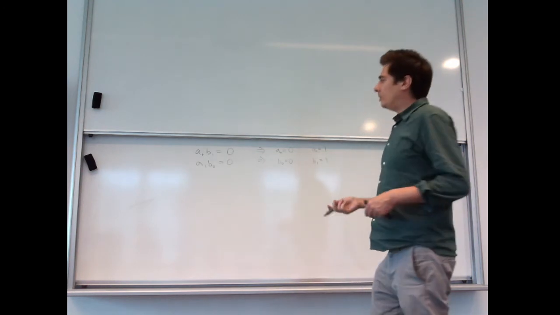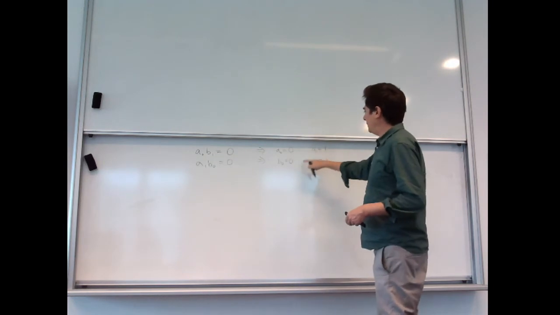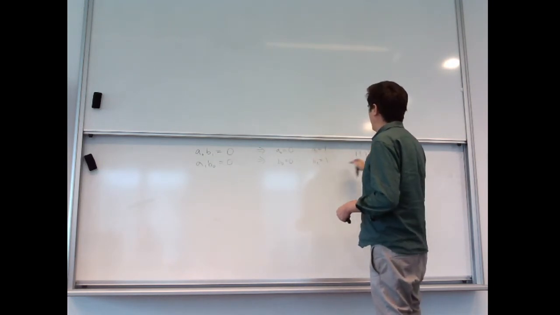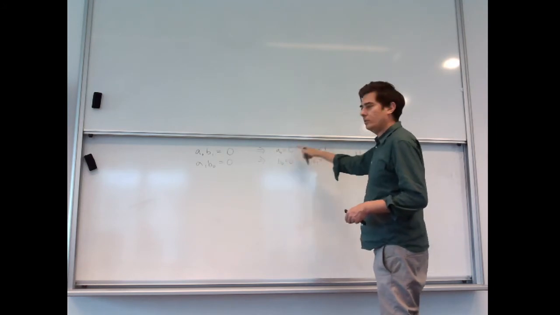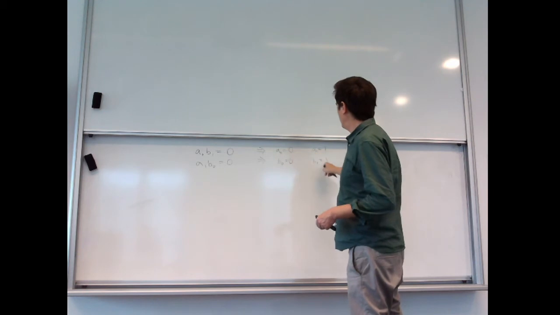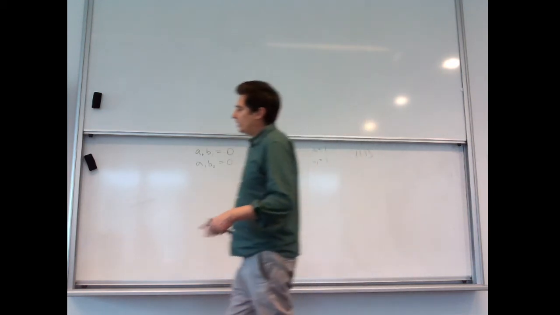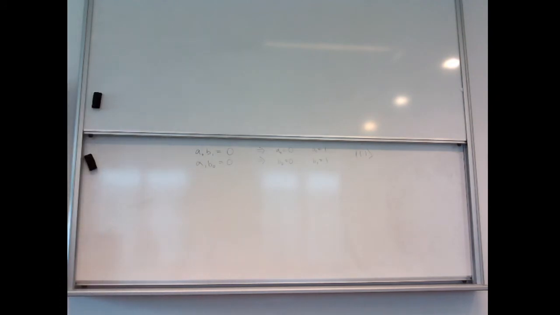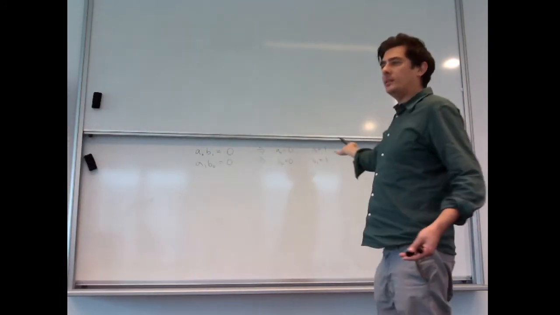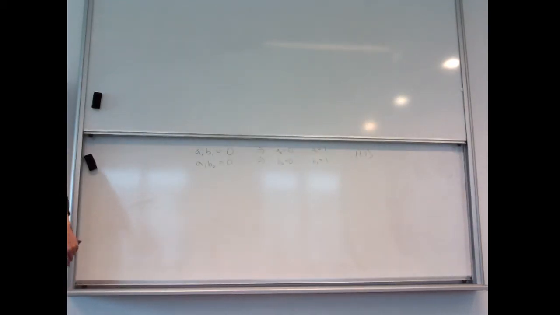But then this is not that state, because using these parameters, I'm going to get the state 1 1, because this times this is 0, this times this is 0, this times this is 0, and the only one that's non-zero in this form is 1 1. But that's not the right state. I was trying to write that state.